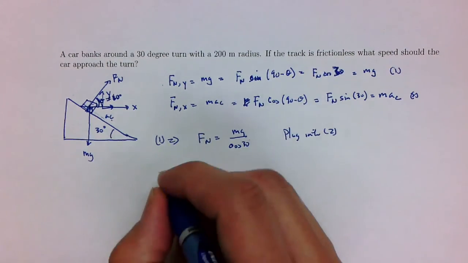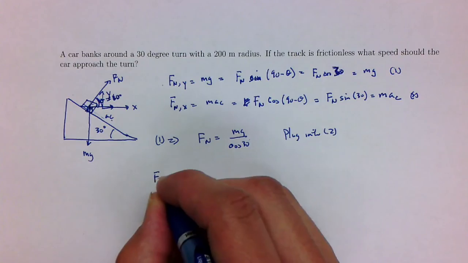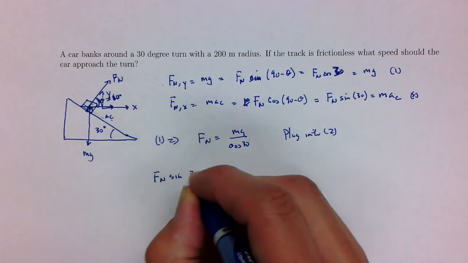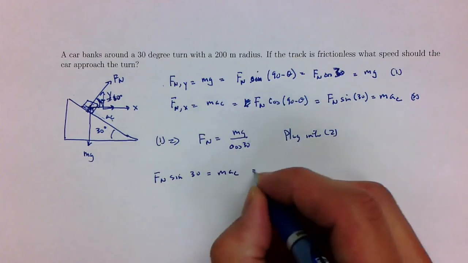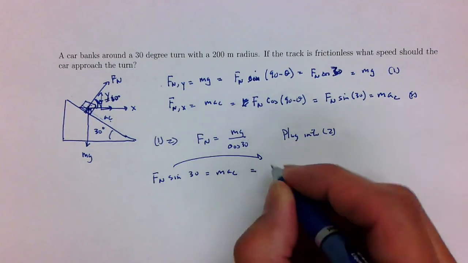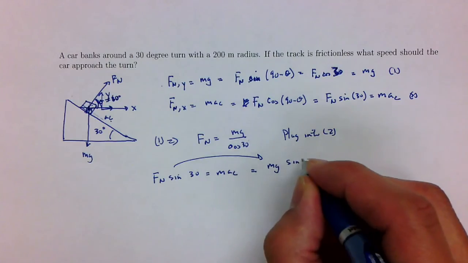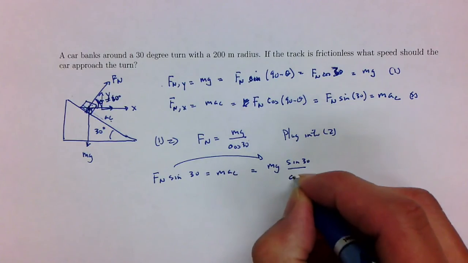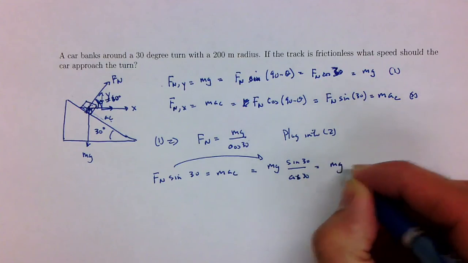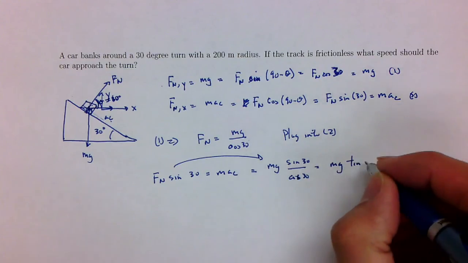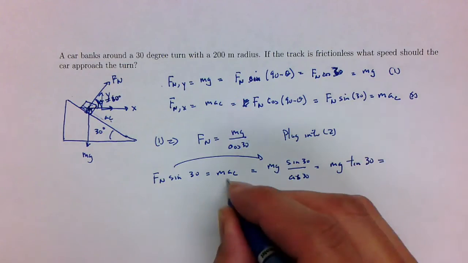And what we have is Fn sine of 30 equal mac. So this is mg sine of 30 over cosine of 30, which is mg tangent 30.